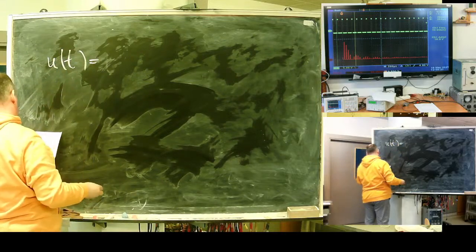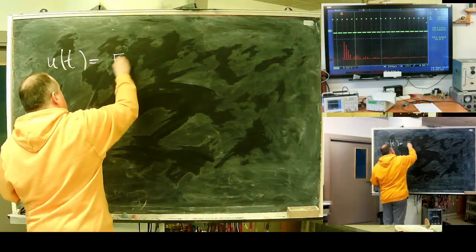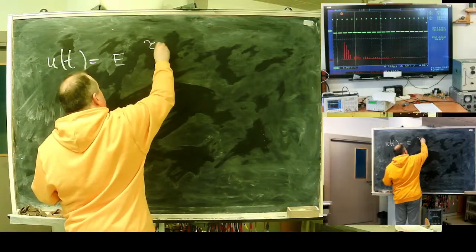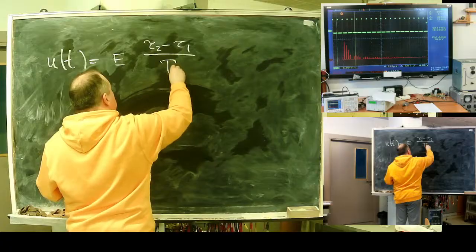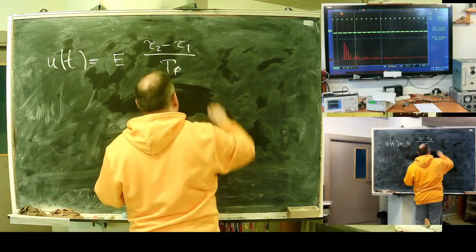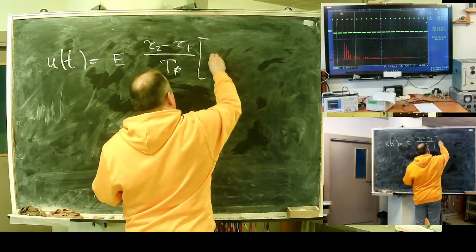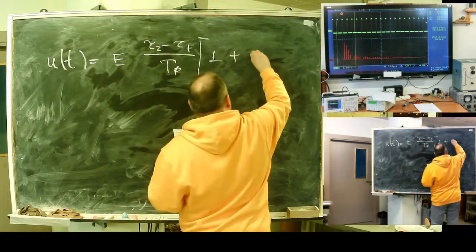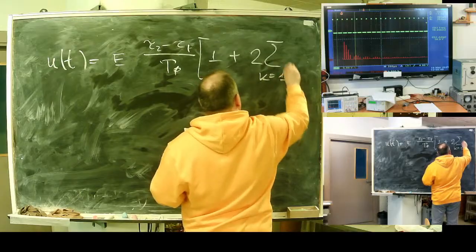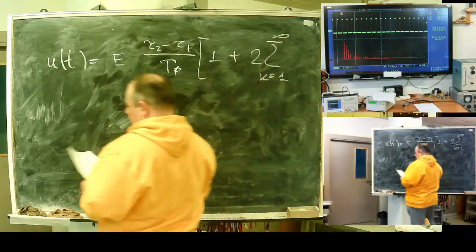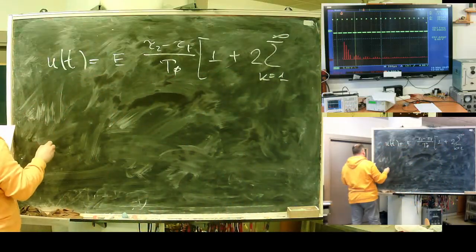I can substitute my carrier as E tau 2 minus tau 1 divided by T0 multiplied by 1 plus 2 sum started from 1 to infinity, sum of what?